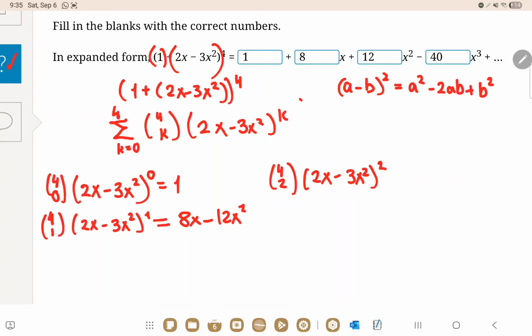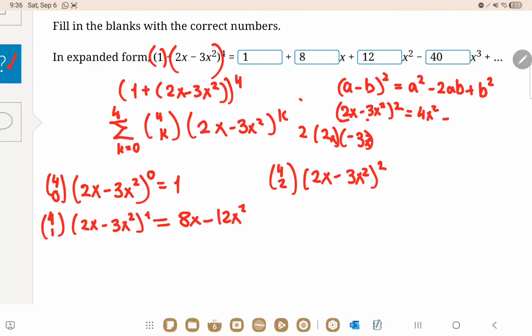Anyways, so we can replace our values into this. So 2x minus 3x squared all squared is equal to a squared, which is 2x squared, which is 4x squared, minus 2ab. So our value in a is 2 and our value in b is negative 3. So 2 times negative 3. By the way, you do have to add the x's in with you.